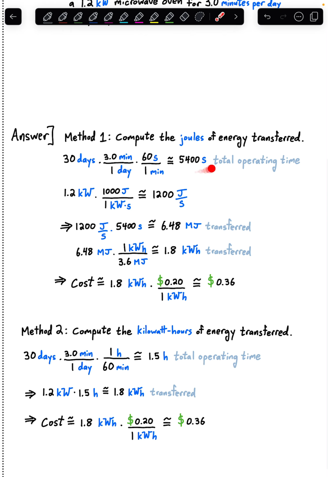It's the same as this 5,400 seconds, but stick with 1.5 hours. Your 1.2 kilowatt oven operating for 1.5 hours, that's kilowatts times hours. That gives us kilowatt hours right away in one short step. So 1.8 kilowatt hours of energy was used by your oven, and you're being charged 20 cents for every one of those kilowatt hours. So 36 cents is your bill.